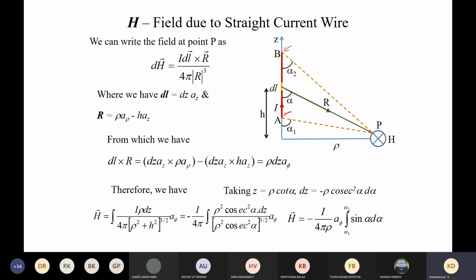The very important difference is that there it is given with the charge density, and here it is given with the current I. These are the two main differences, and the remaining representation is quite the same. I believe you can easily understand that.